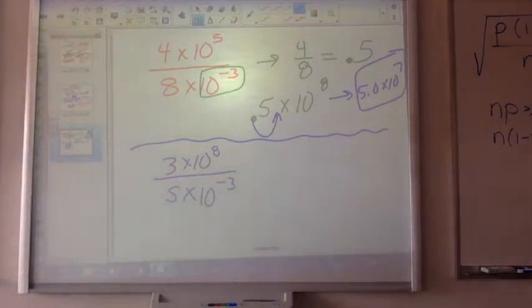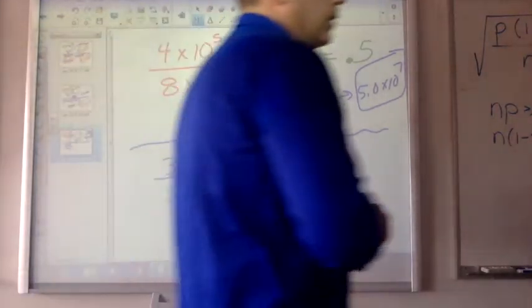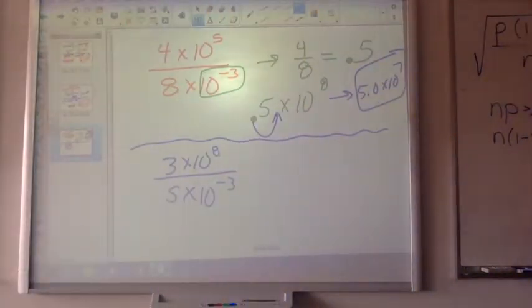Now you get a chance to try that one. Remember, convert the 3/5, make it a decimal. If you don't know how to make a fraction a decimal, you go 3 divided by 5 on a calculator.